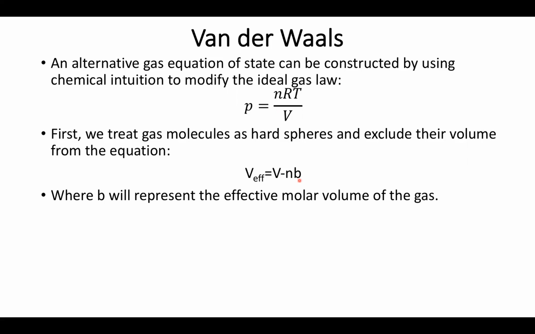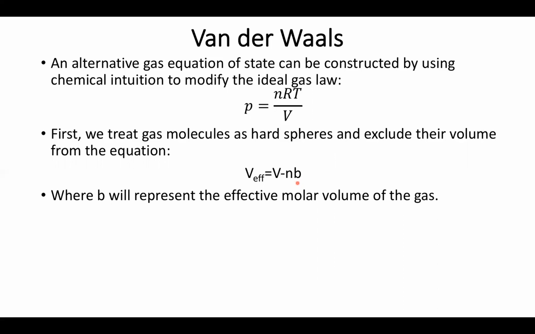Consequently, this b parameter is specific to whatever gas we're talking about. A larger gas has a larger b value, and it can be thought of as liters of space occupied by 1 mole of that gas. It's hard to know this value from first principles, so in practice it is fitted experimentally.